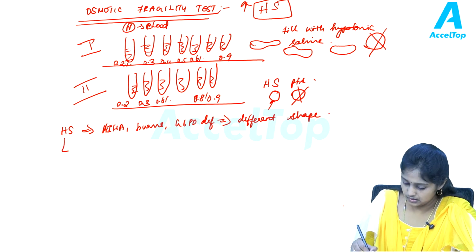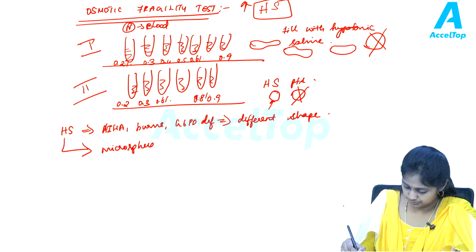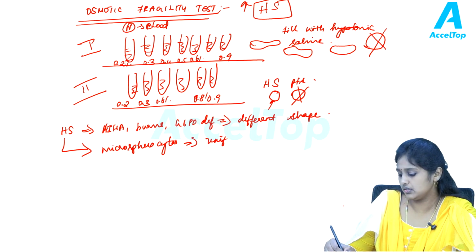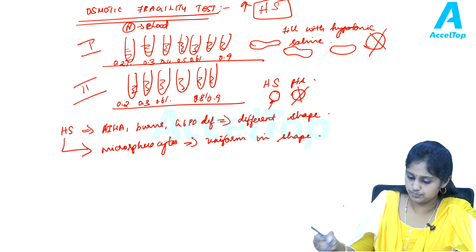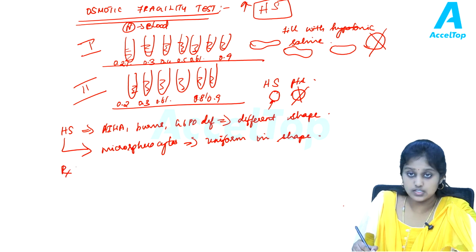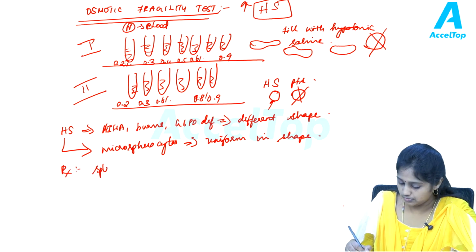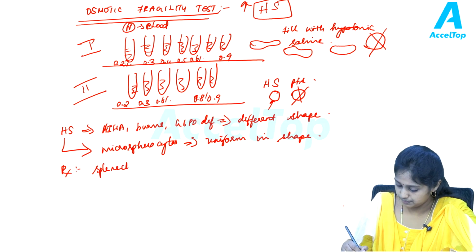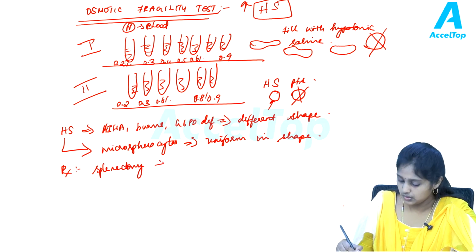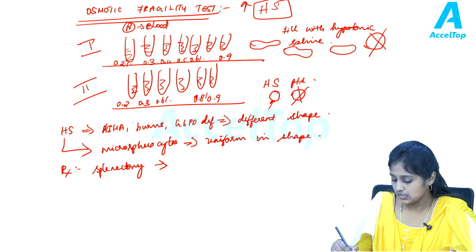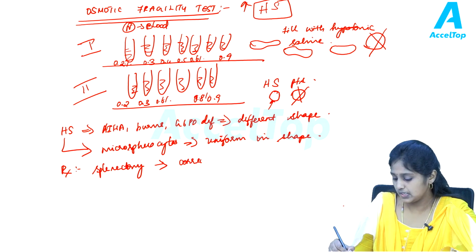Whereas in hereditary spherocytosis, the microspherocytes are uniform in shape. What is the treatment? You have to do splenectomy. If you do splenectomy, what happens? The anemia gets corrected.